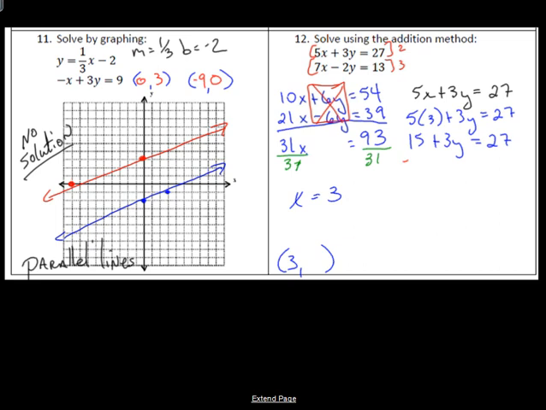I'm going to subtract 15 from both sides. So I have 3y is equal to 12. Divide both sides by 3. y is equal to 4. And there's my final solution.